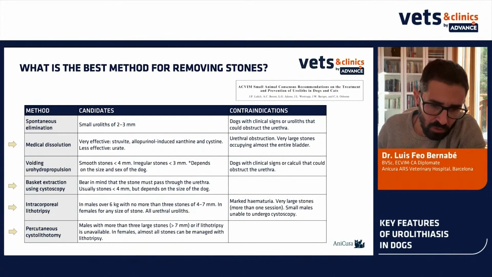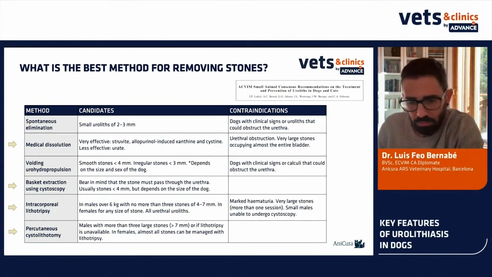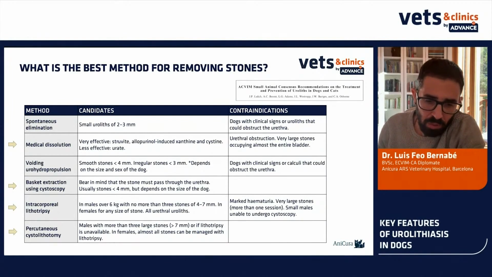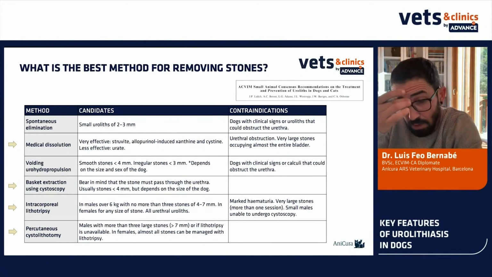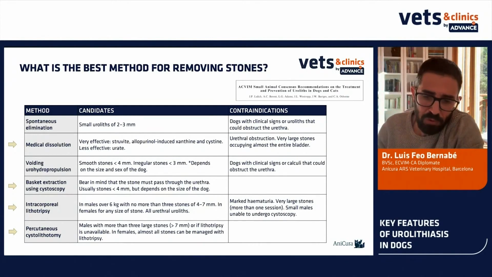Also, percutaneous cystolithotomy or the classic surgery, I would say, in males with more than 3 stones. This is what I recommend with stones of more than 7 millimeters, or if lithotripsy is unavailable. In females, almost all stones can be managed with lithotripsy, but sometimes due to money constraints, we tend to do this technique.